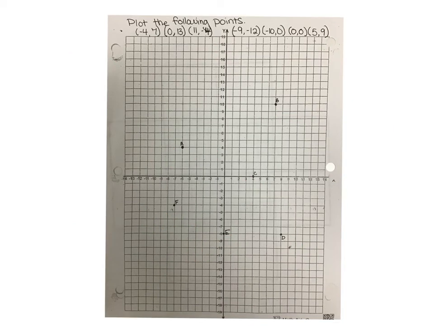So now we're going to practice plotting some of these points. If you see at the top of your paper, it's got some different points that I want you to label. We did E and F, so we're going to label them G, H, I, J, K, L, and M, just so we can keep it organized. Let's start with G. What quadrant's G going to be in? -4, 7.